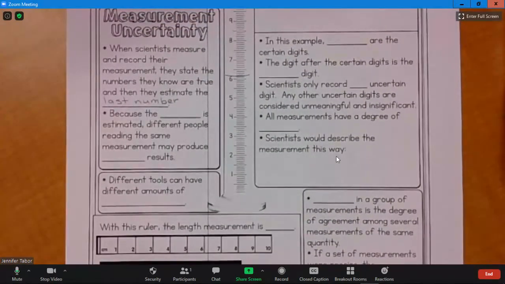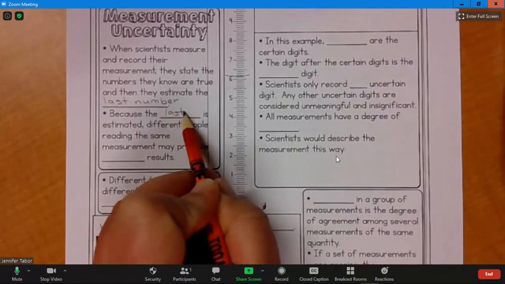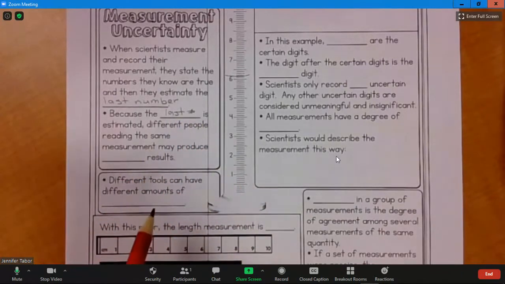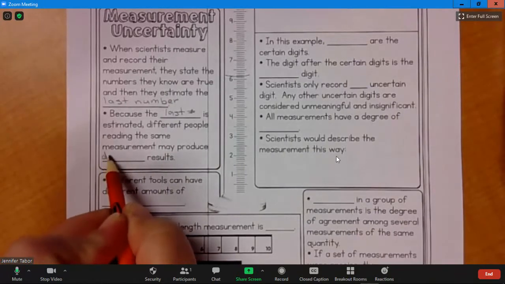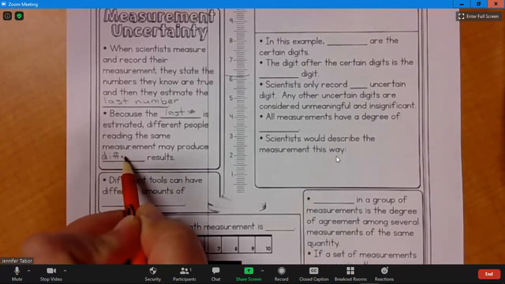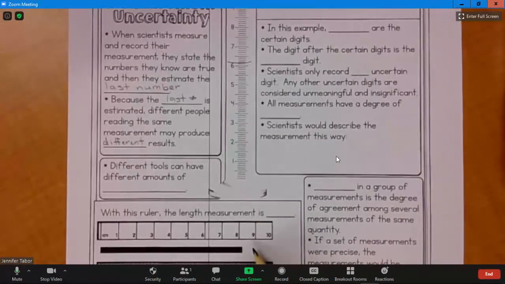Okay. And like it says, because the last number is estimated, different people reading the same measurement might get different results. So that is not a problem. You might say this is 8.3. I might say it's 8.2. Someone else might say it's 8.4.